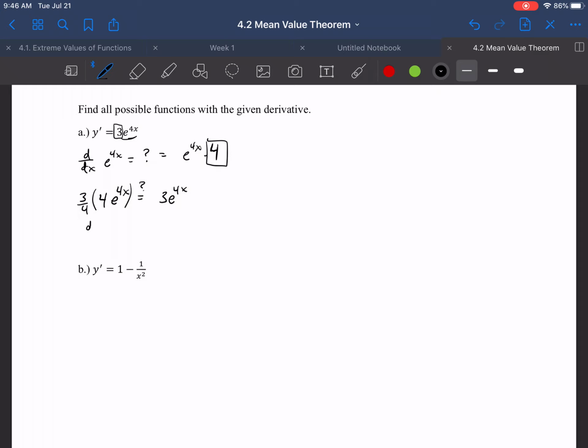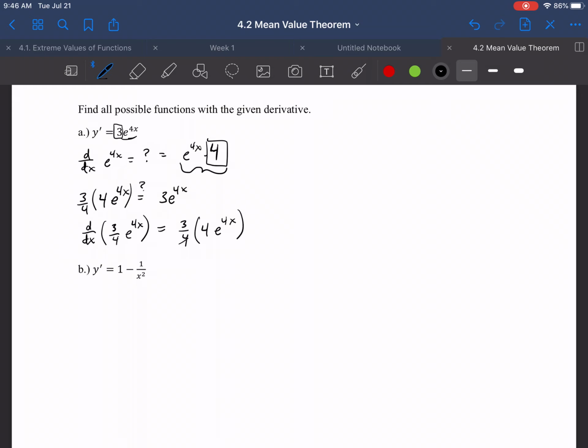So in other words, what is the derivative of 3/4 e to the 4x? And the answer is you carry that 3/4 along. You do the derivative of e to the 4x, which we just did right here, which is 4e to the 4x.